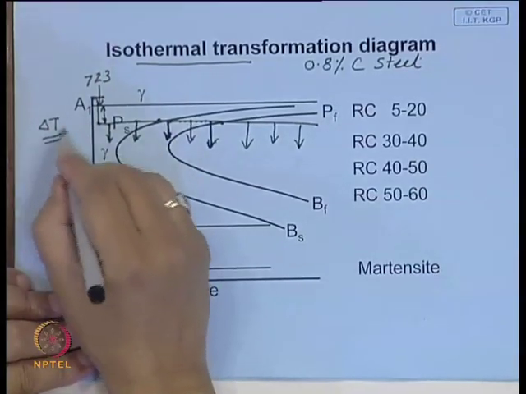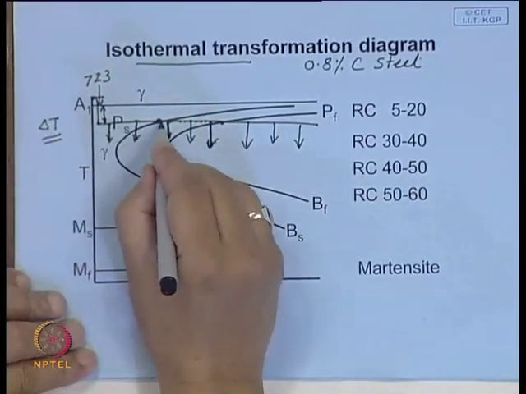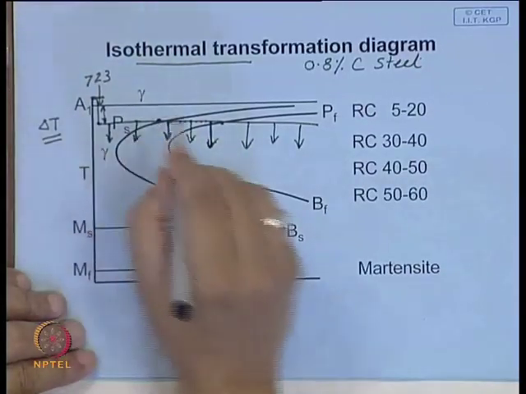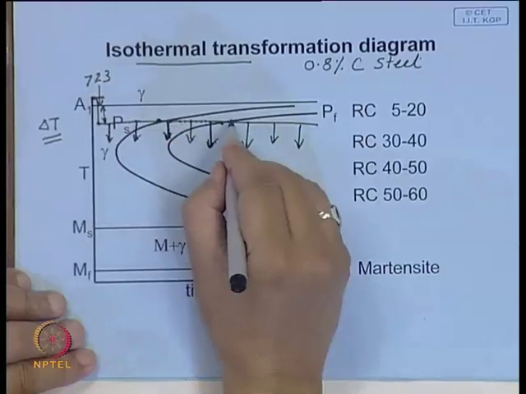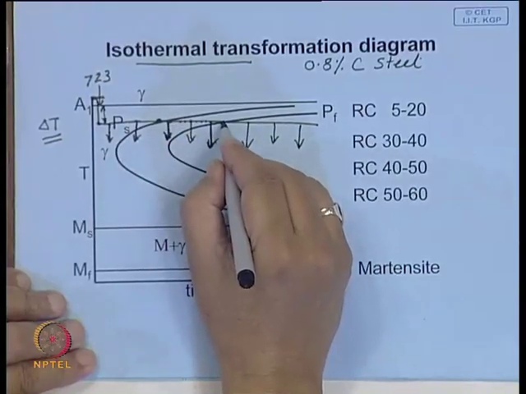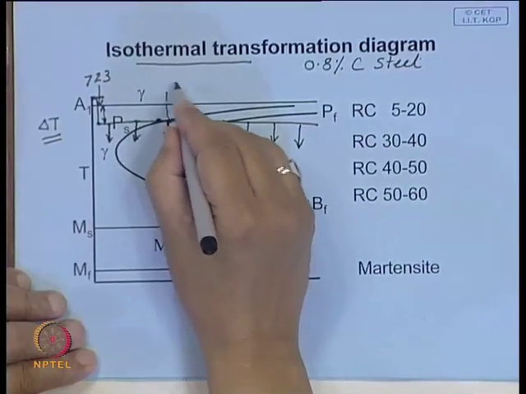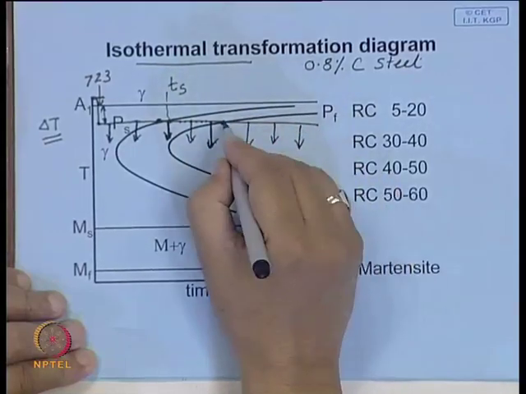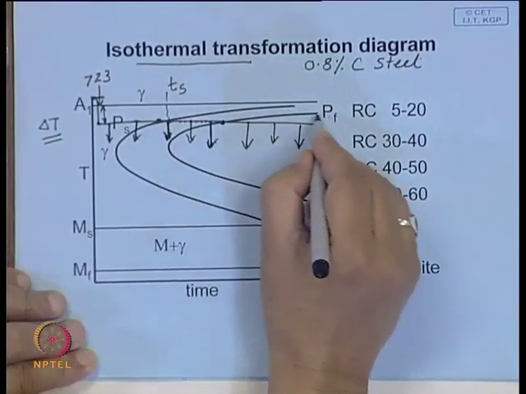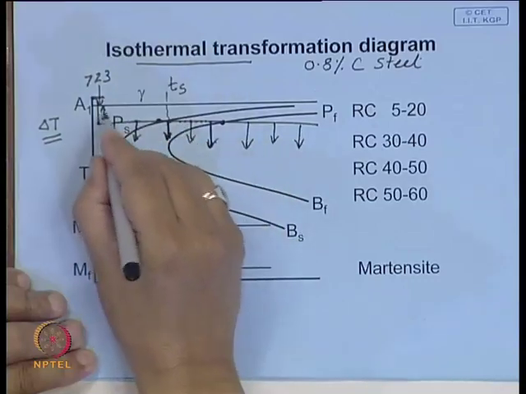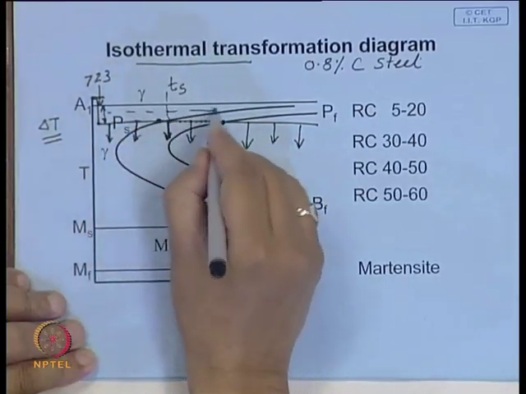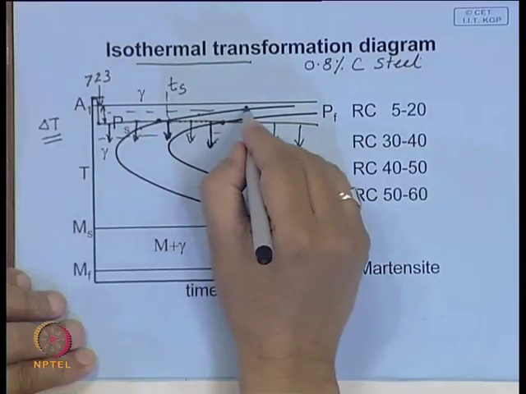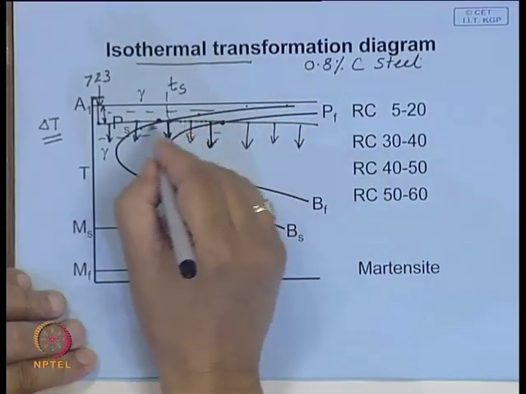Now, we see that for different delta T the transformation starts at a specific time and it is completed after a specific time. So, this is the start of transformation, this line represents the end or completion of transformation, and if you repeat the experiment at different temperatures and join these points you get a curve like this.